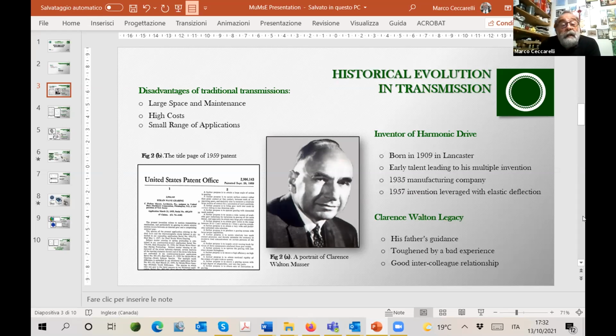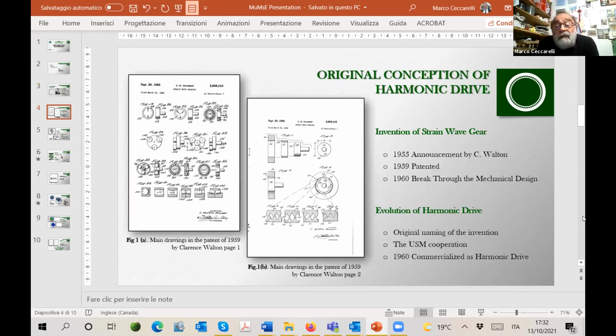Here is the concept of the harmonic drive. As I told you, he developed it in several patents. The most important one is the patent of 1959, and here you have the main part of the patent explaining the functioning of the harmonic drive. Nowadays most of us will recognize the structure with the three main components, with the key element being the flexible geared ring, and the internal ring.